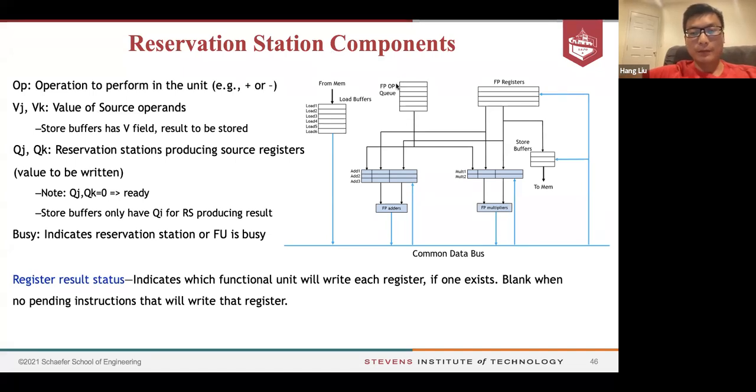First, it has the operations to be performed in the unit. VJ and VK, the values of the source. QJ and QK, the reservation stations producing the source registers. Okay. Busy indicates the reservation station or function unit is busy.